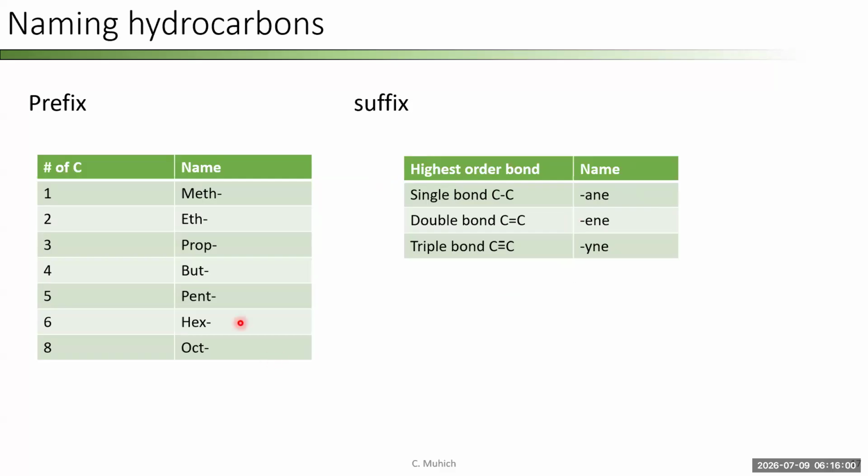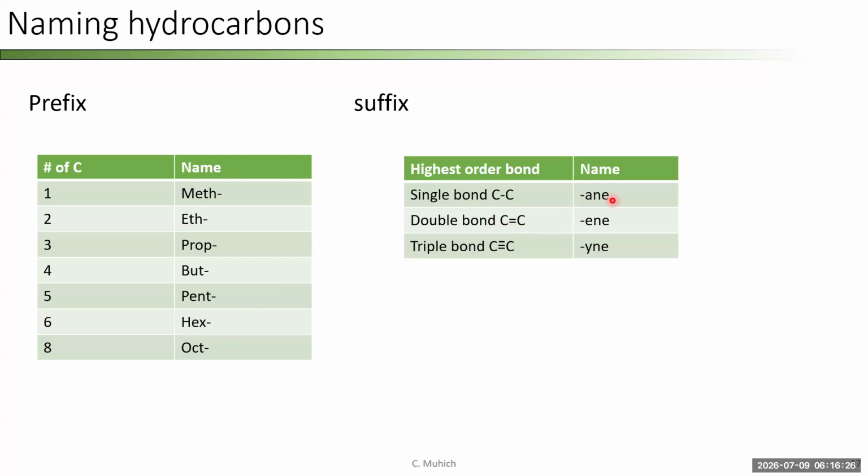So if I have hexane, that means that I have six carbons that are connected only via single bonds. If I have ethylene, ethene, that means that I have two carbons because of the eth, and those carbons have a double bond between them.